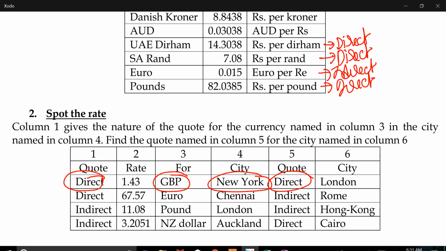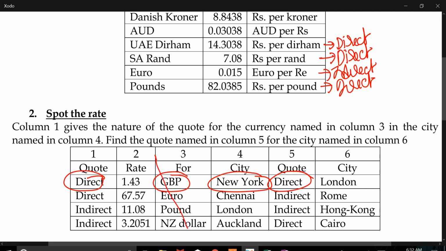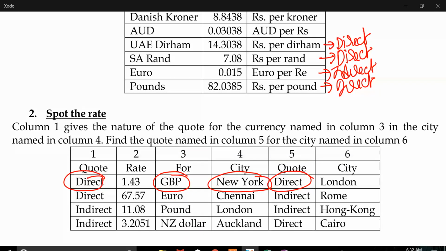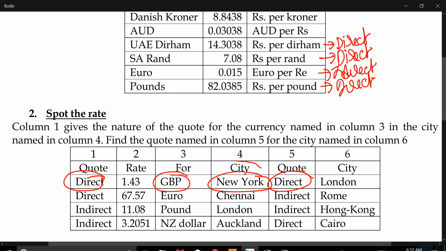Now I'm least bothered about what the 'for' is. It doesn't matter whether the quote is for GBP or Euro. What matters is whether it's a direct quote or an indirect quote, and whether it is in New York or London. Where is the quote given? New York. What quote?